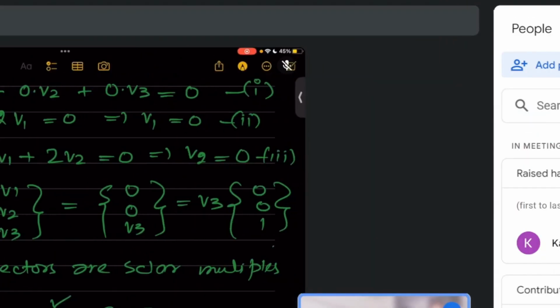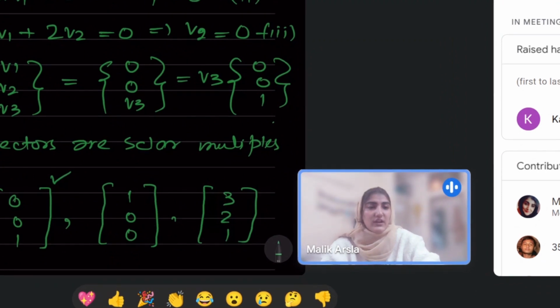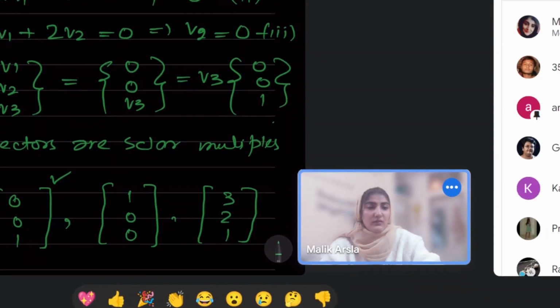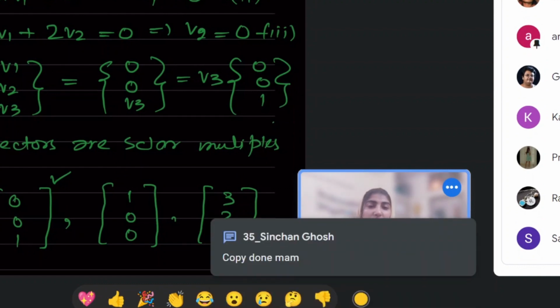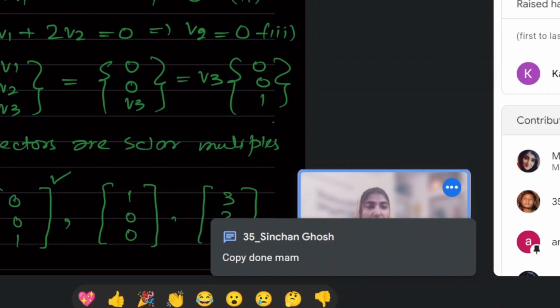What about others apart from Kavita and Gifty? Have you guys noted it down? Okay. So we should move to next question.